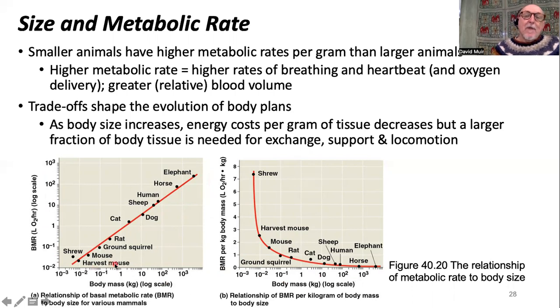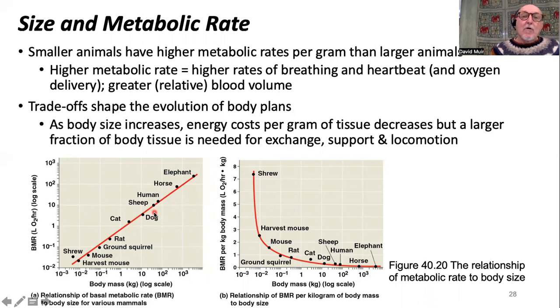But I'll point out that this diagram here is telling us the basal metabolic rate for the whole animal. So it's by weight of the entire organism. This one here is showing us basal metabolic rate per unit of weight. And we see some very interesting things.